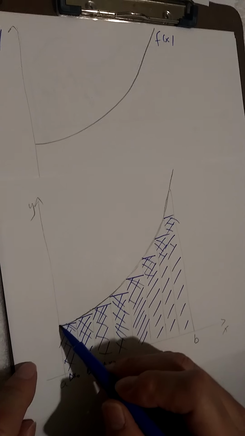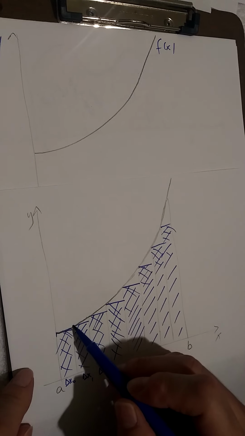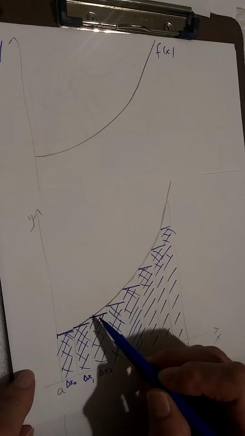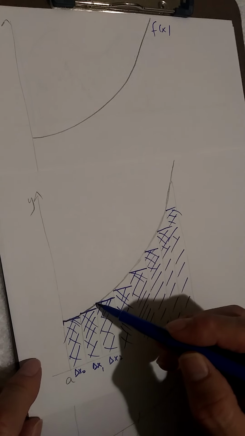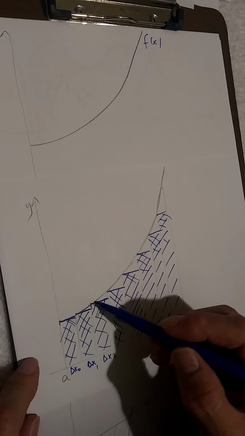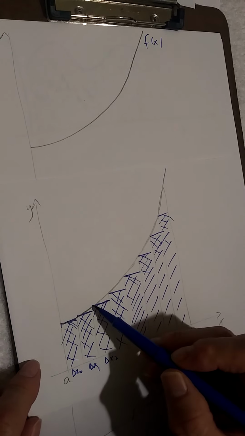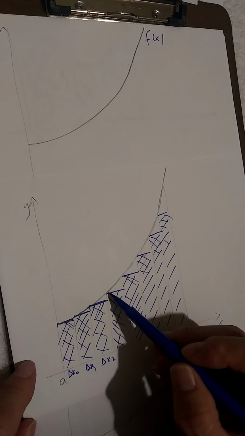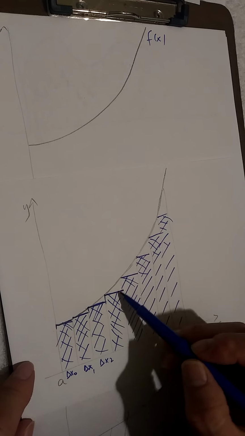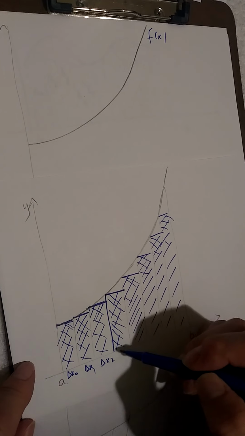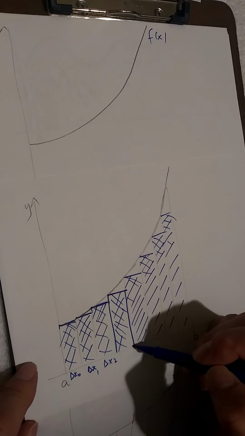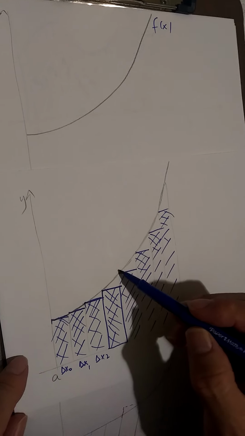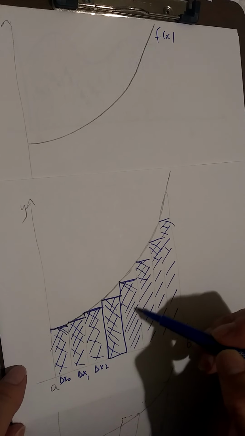So draw rectangles like this, where the height of the rectangle is the lowest point in that part of the graph. So for example, when you're in this part, you draw a rectangle like this. From here to here, the rectangle will be like this. Okay, and then here the rectangle is this one, etc.